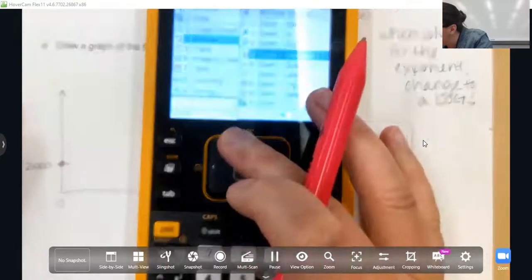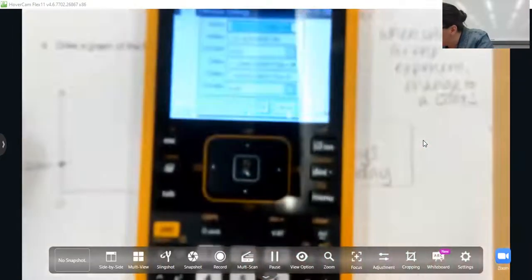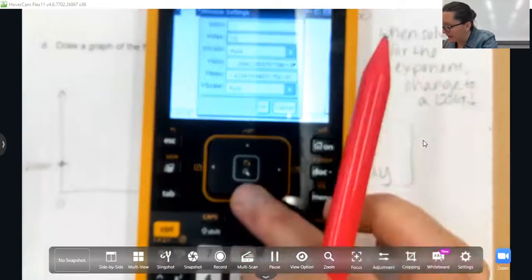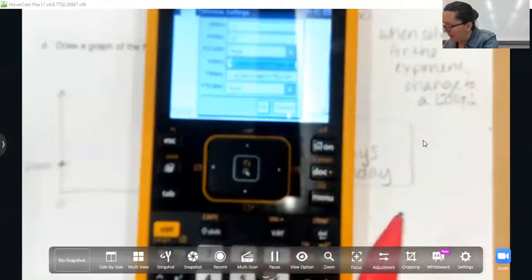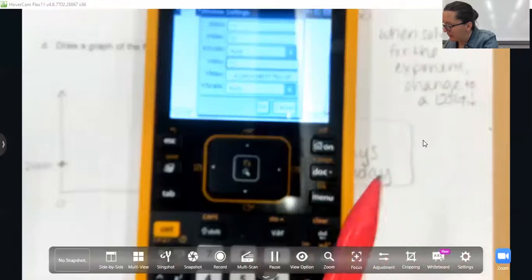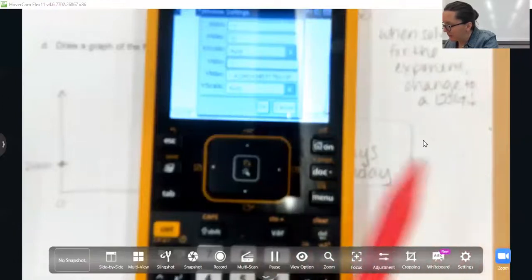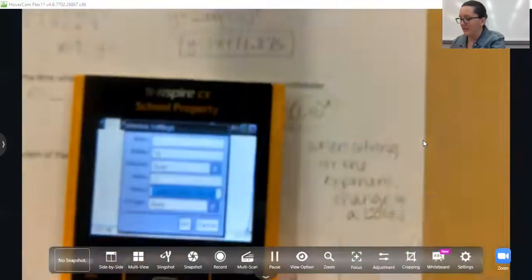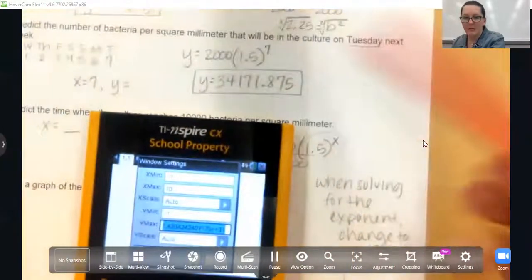So let's see, window settings, how about that one? So I'm going to do my X minimum at -1 and my X max at 10, and then my Y minimum at -1 is fine. And then my Y maximum, because at 7 days, it's 34,000.